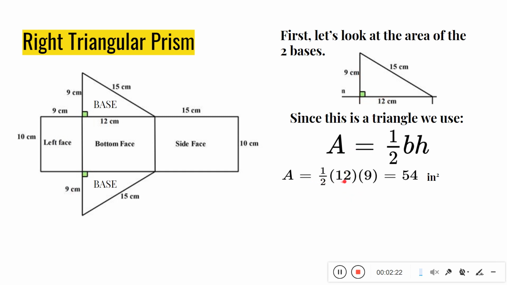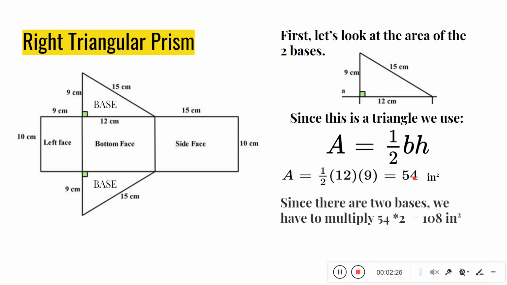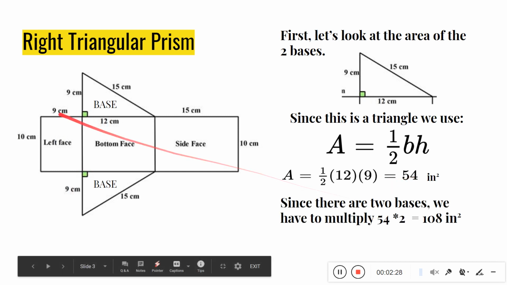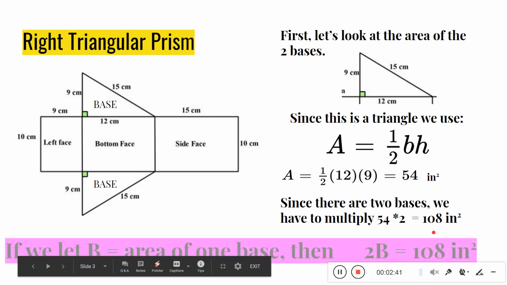So we have 1/2 times 12 times 9, that's 54 square inches. But remember, there are 2 bases. So we have to multiply that 54 by 2 to get 108 square inches. So the area of these 2 bases together is 108 square inches.